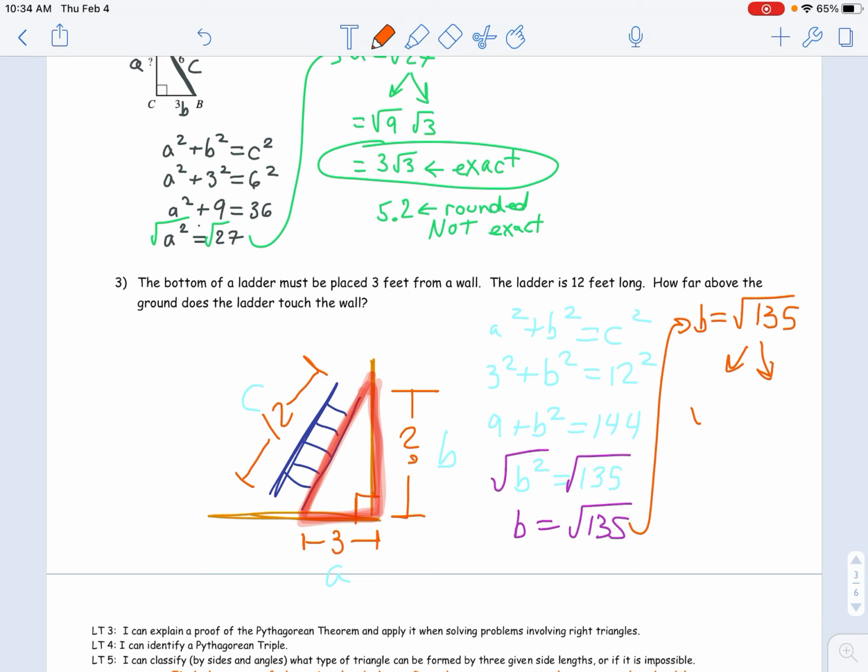You could play around with this, but eventually it's going to break out into radical 9, radical 15. Remember, you can just brute force do 135 divided by 1, 135 divided by 4, 135 divided by 9, 135 divided by 16. That's sometimes just the way you find the largest square factor, and we get 3 radical 15. Exact. And then rounded would be the square root of 135, approximately 11.6, which is rounded.